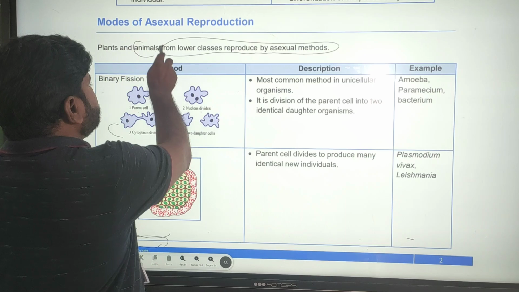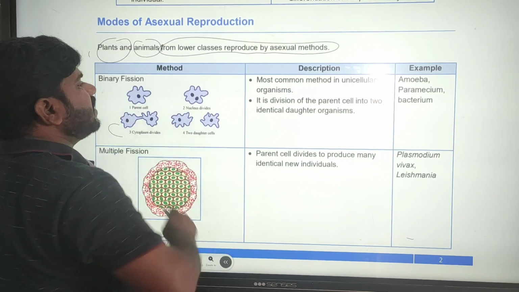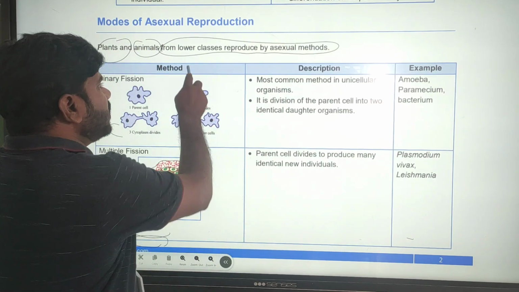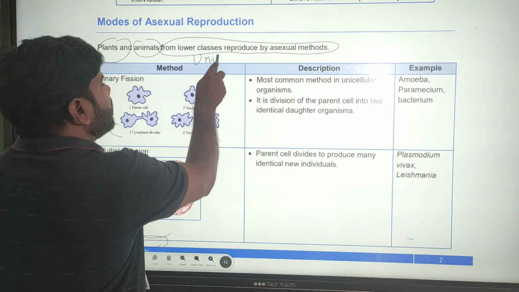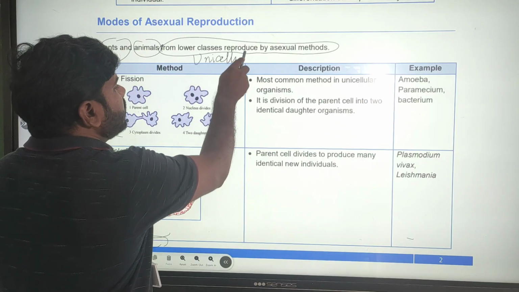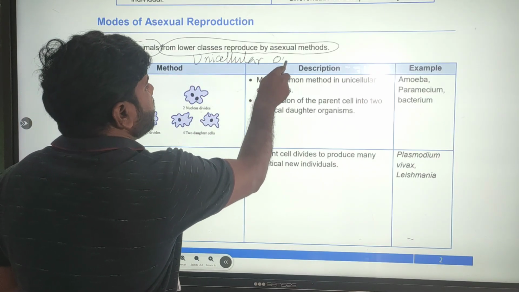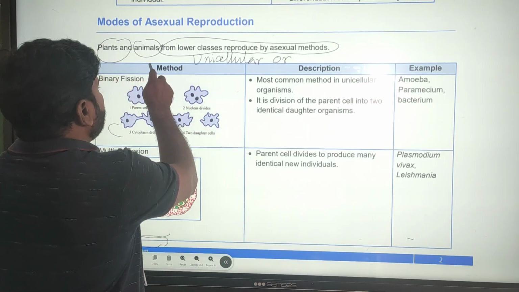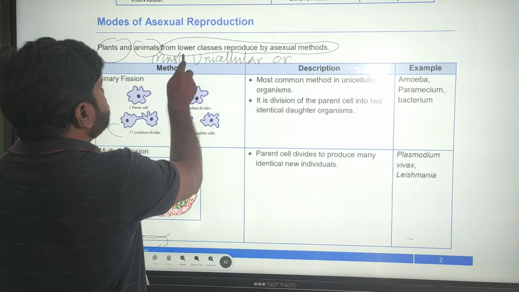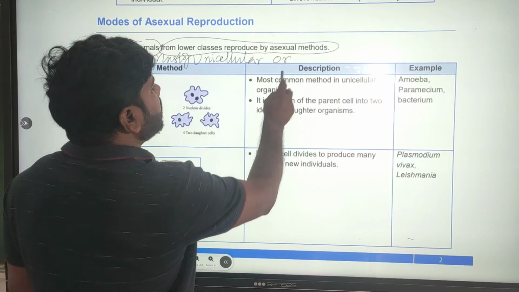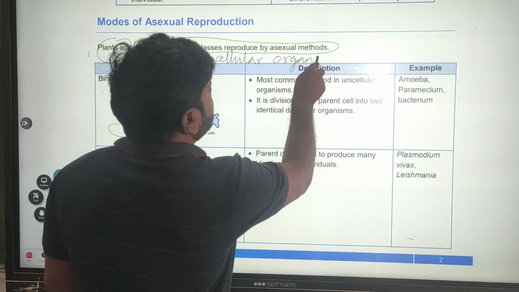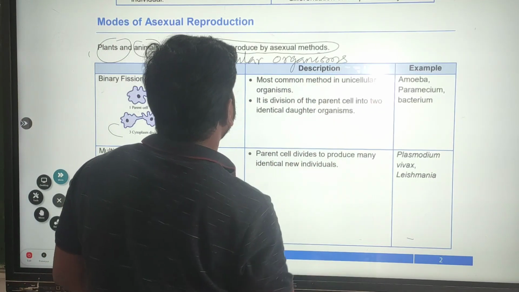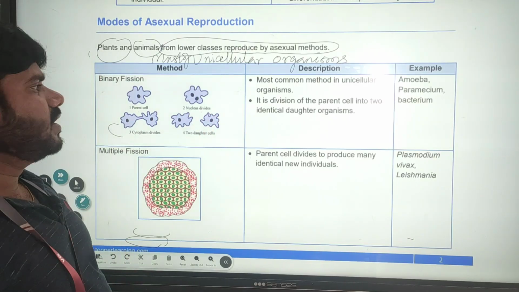Basically small or unicellular organisms reproduce through asexual reproduction. That means most unicellular organisms reproduce through asexual reproduction.